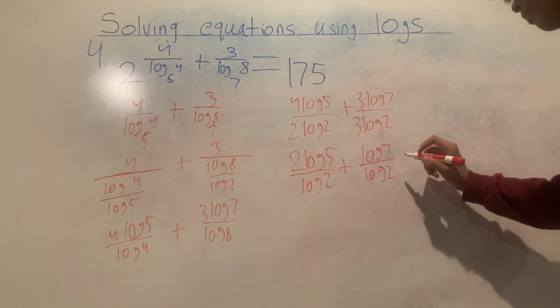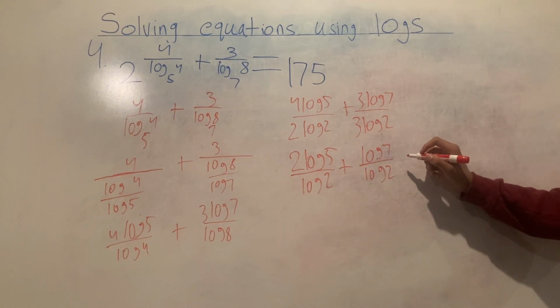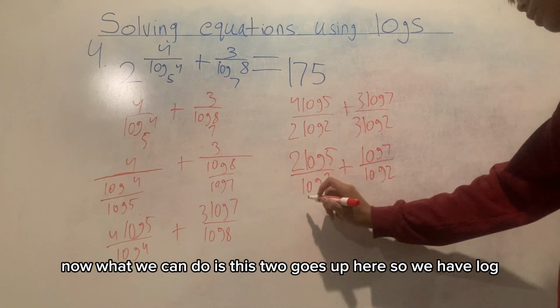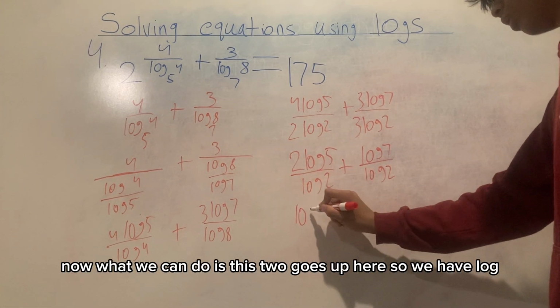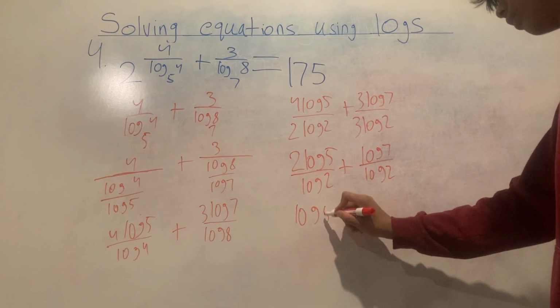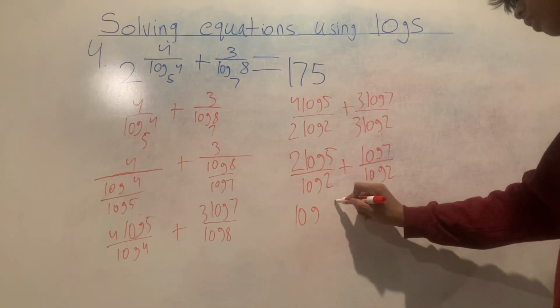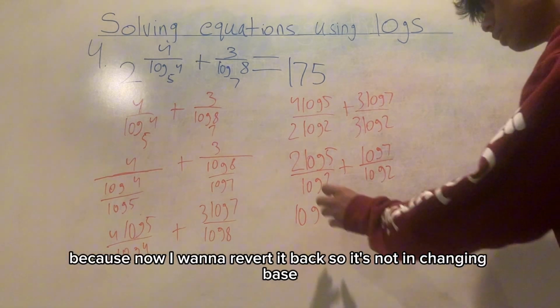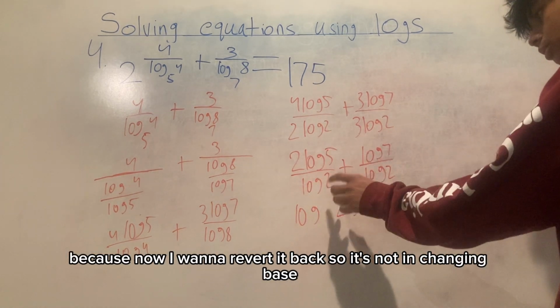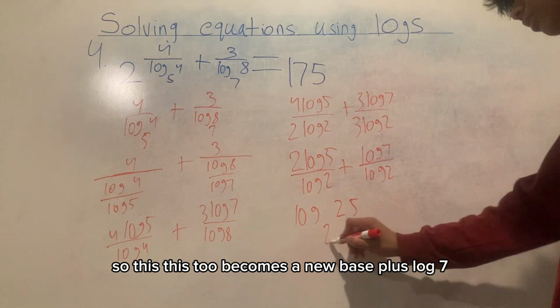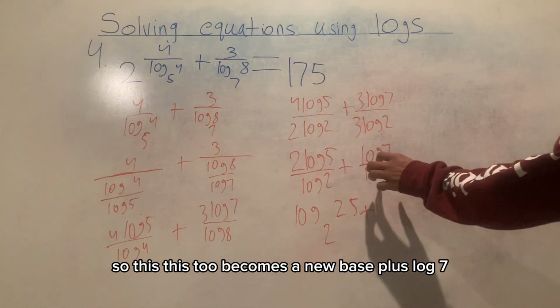And now what we can do is this 2 goes up here. So we have log 5 squared, which is just 25. 25, and I'll write it here because now I want to revert it back so it's not in change of base. So this 2 becomes the new base plus log 7.